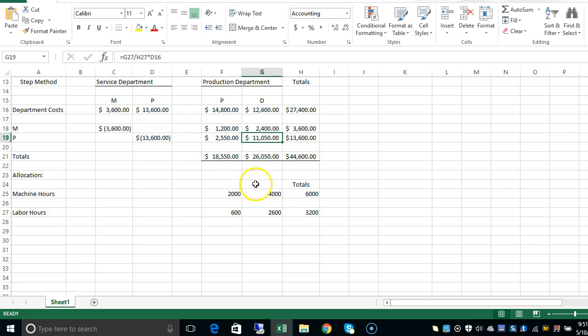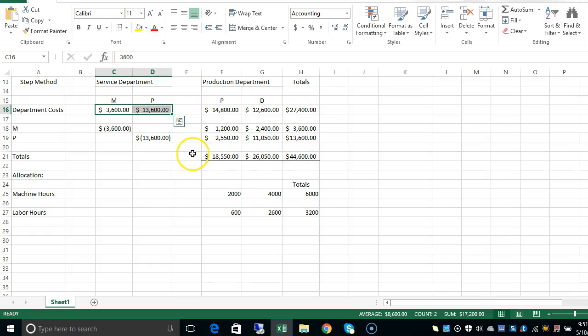Same here, I took the 2,600 labor hours divided by total to get my ratio or fraction times the 13,600. As you can see, these two now equal that, therefore I allocated correctly.